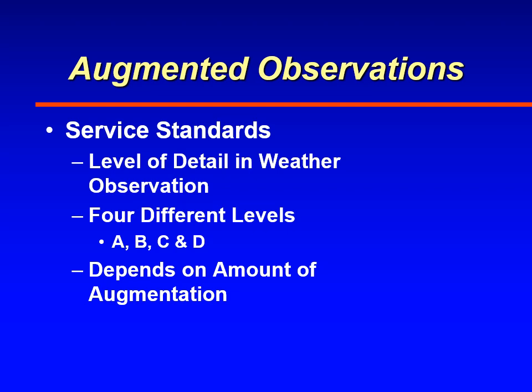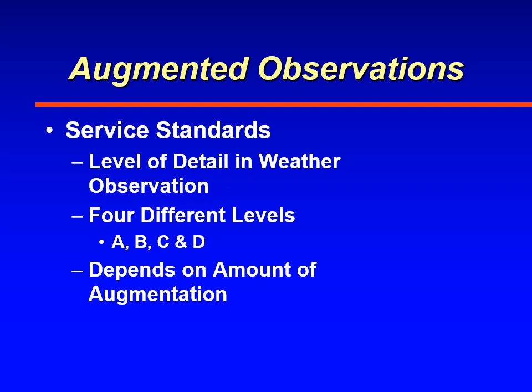The FAA also defines the service standards for augmentation at these airports that have weather observers. These service standards depend upon the amount of air traffic at the airport and also upon the severity of the weather, how bad the weather is at those airports.